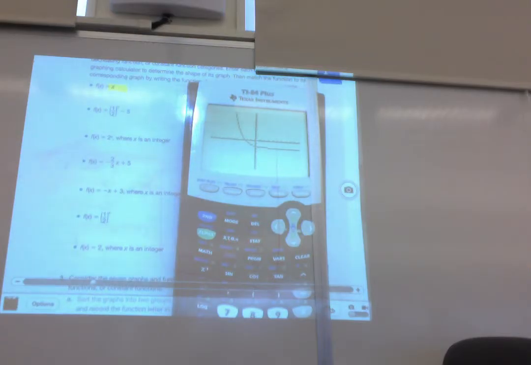This is negative and that's subtract. Okay? Did everybody get that graph, or do you need help figuring out how to key that in? Okay. Find the graph. I'm hearing H. Is that right? Where is H?